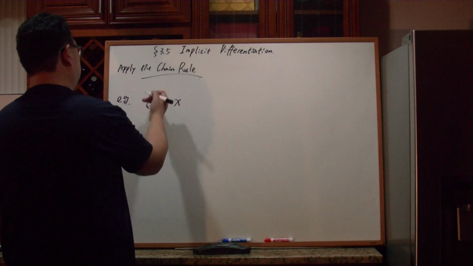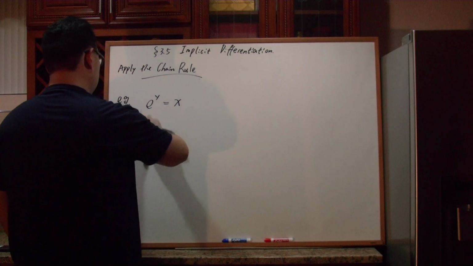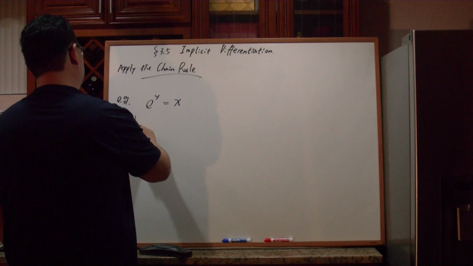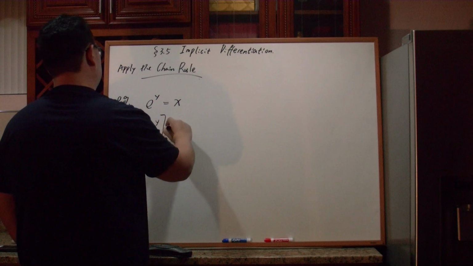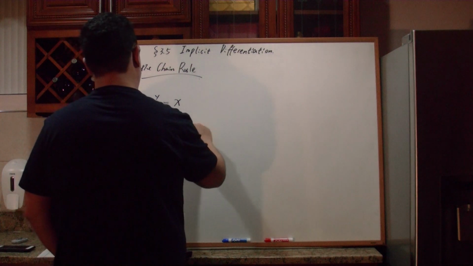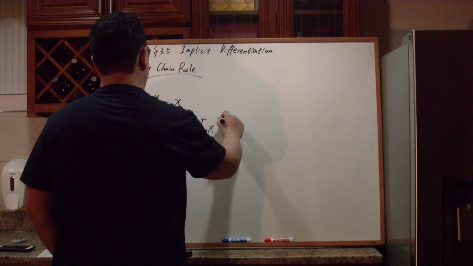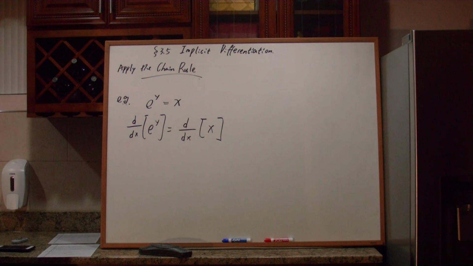So we take the derivative on the left. We need to be careful with the steps of what we are doing. We're taking the derivative with respect to x of e to the y on the left side, and the derivative of x with respect to x on the right side.